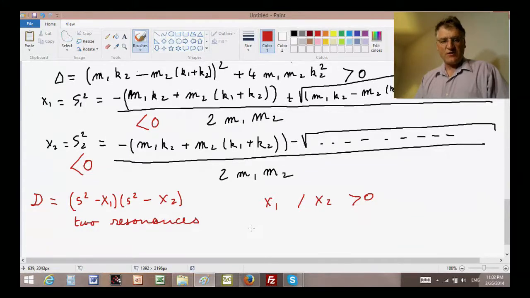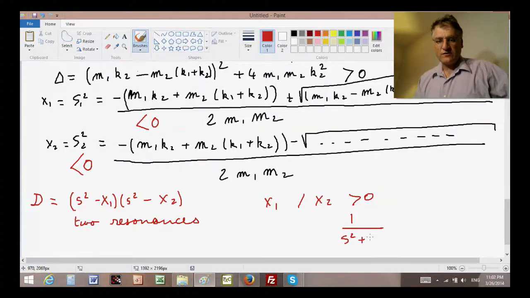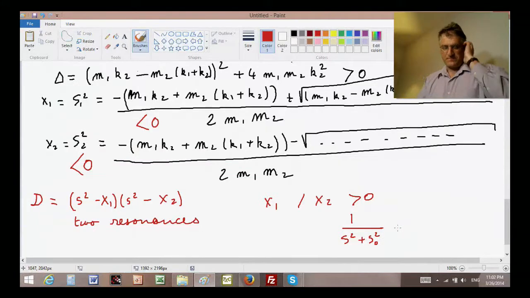Typical things that happen in transfer functions of the kind 1 over s squared plus s0 squared.